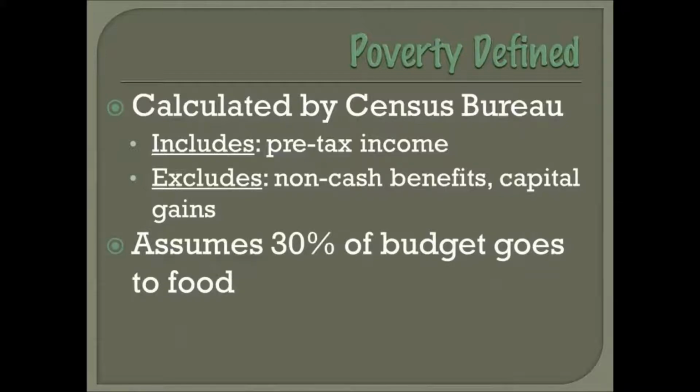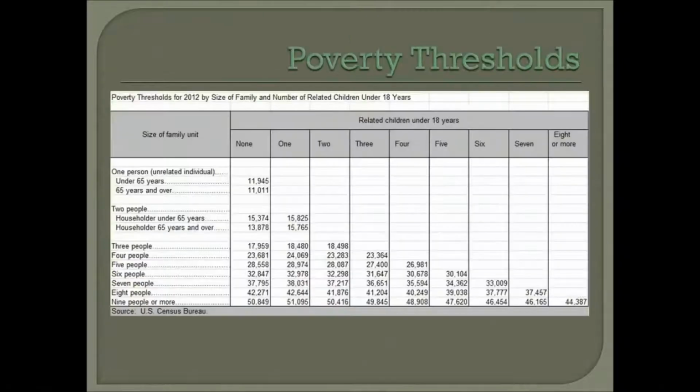And so they calculate a number that then indicates what is considered the poverty line. And the poverty line depends on the number of people in your household and the number of children that you have under the age of 18. So it's a little bit of a sliding scale. But it basically represents the bare minimum income that you would need to be able to survive.